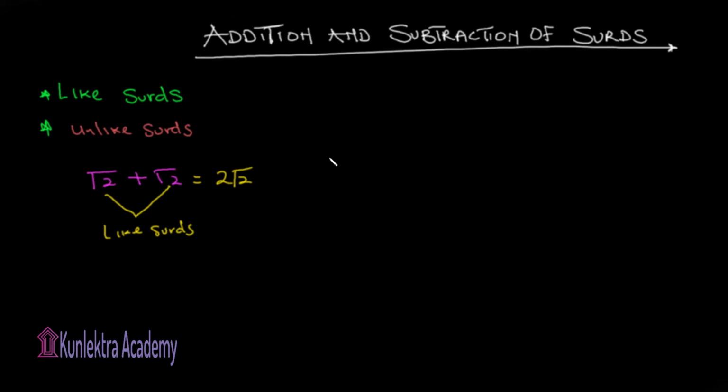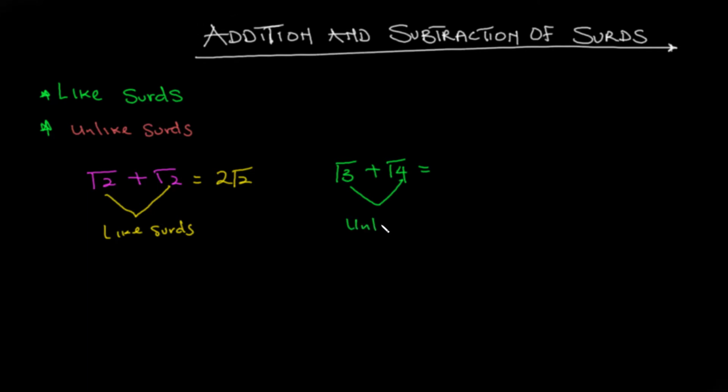But when you have unlike surds, root 3 plus root 4, these are called unlike surds, and they cannot be added. The equivalent of this will still be root 3 plus root 4 because they are unlike.